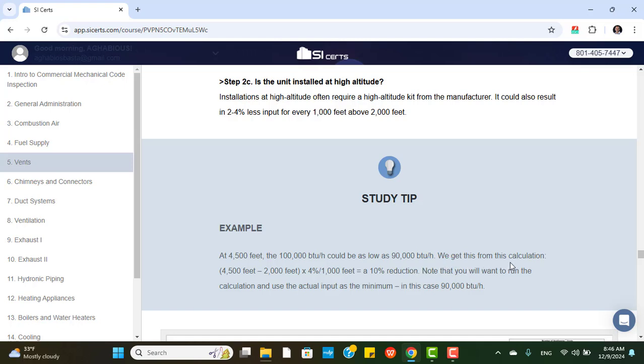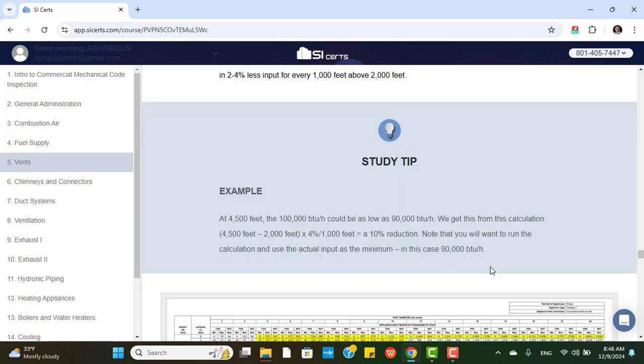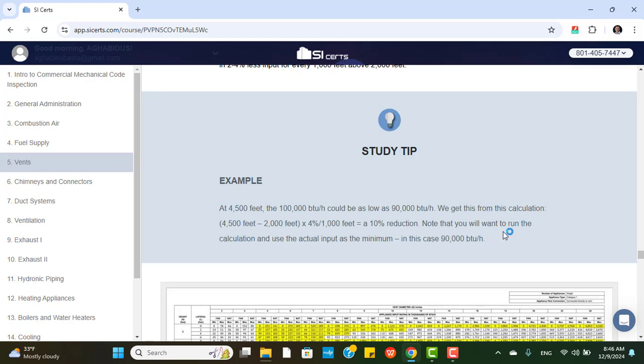We get this from this calculation: 4,500 feet minus 2,000 feet, multiplied by 4%, divided by 1,000 feet. It will equal a 10% reduction. Note that you will want to run the calculation and use the actual input as a minimum.